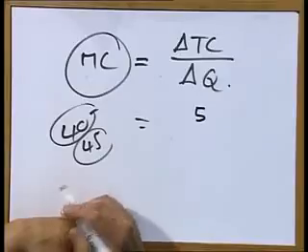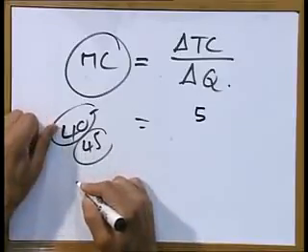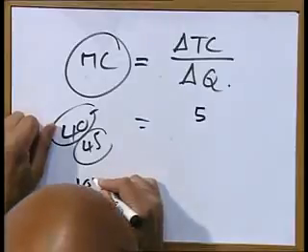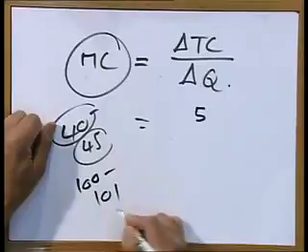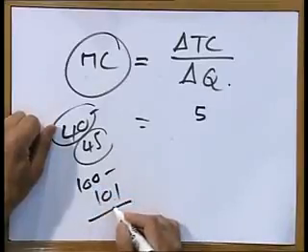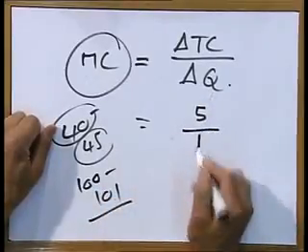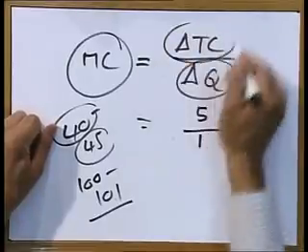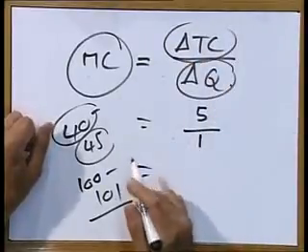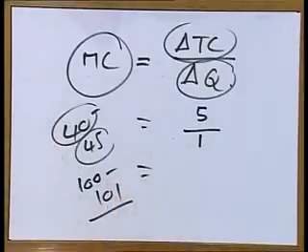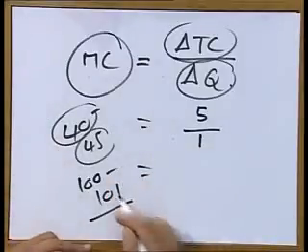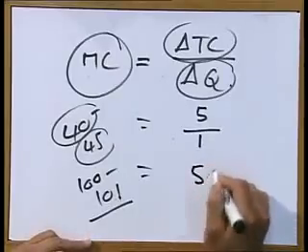And if the number of units increases, for example from 100 to 101, the change in units from 100 to 101 will give you 1. The change in quantity is 1, and the change in TC is 5. So what will be the marginal cost, the additional cost of producing that extra unit? It will be 5, right?